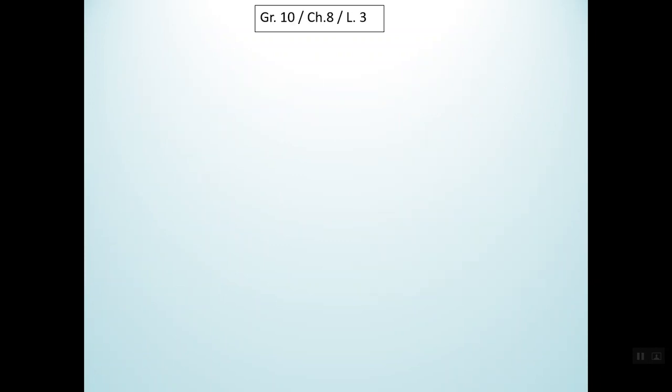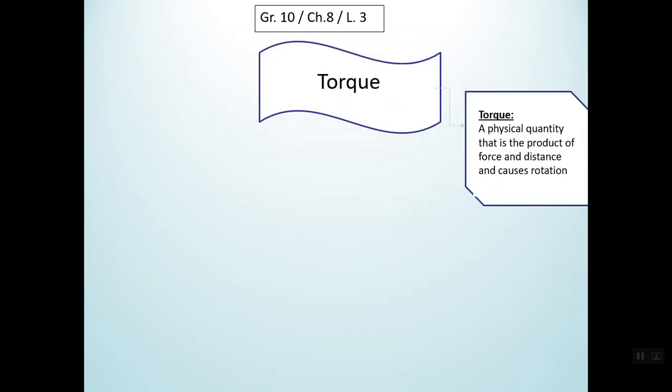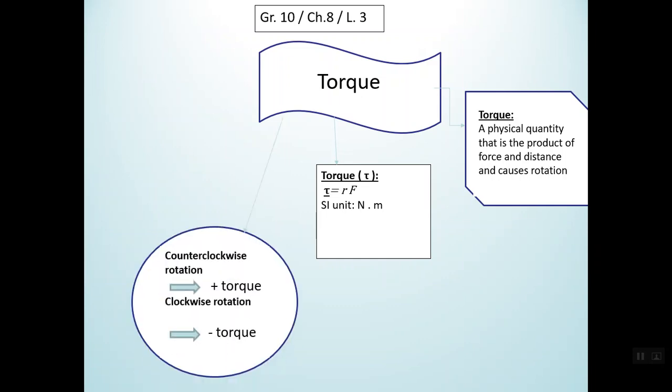Finally, as a summary for this lesson, we studied torque, a physical quantity that is the product of force and distance, and it causes rotation. The torque is given by torque equals r times force F, and the unit for torque is Newton times meter.